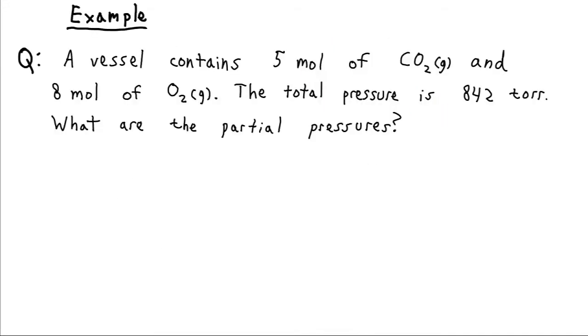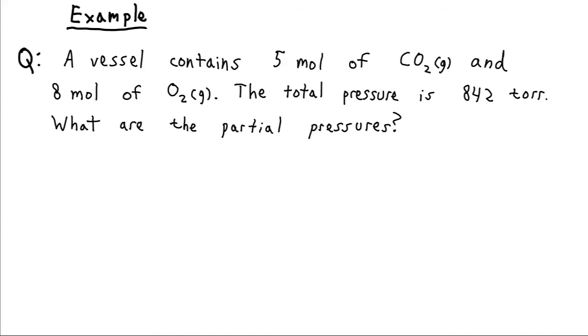Let's say that we have a sealed vessel of some kind, and inside this vessel we figured out we have 5 moles of carbon dioxide gas and 8 moles of oxygen gas. And we measure the total pressure inside of this container, and we measure 842 torr. So then what are the partial pressures of the CO2 and the O2?